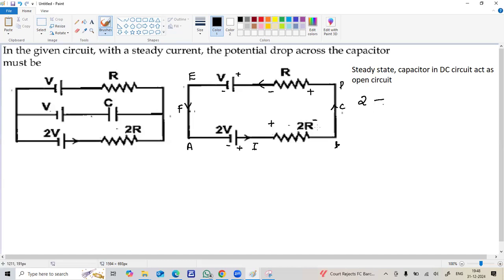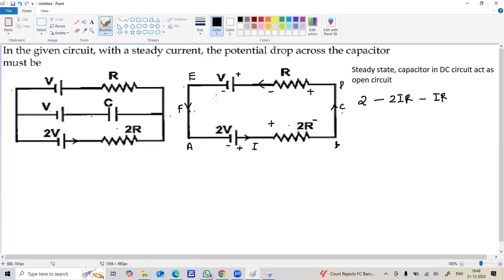Now this potential difference for a resistor is I into R. For 2R, it is I into 2R. So totally 2 times IR. This current will reach B and go to resistor R. Here also you are exiting the resistor along the selected path from the negative terminal, so minus IR.